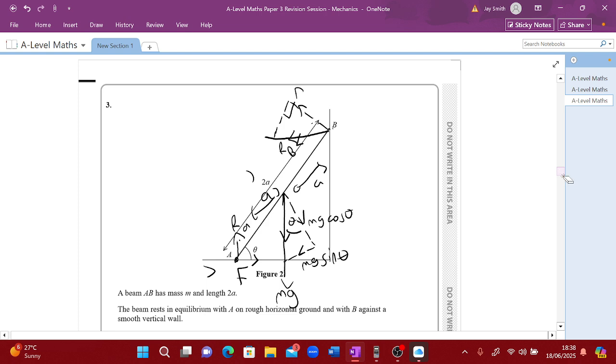So we're going to need an angle. And again, this is where we're going to have to be a bit smart. We're going to consider Z angles again, aren't we?